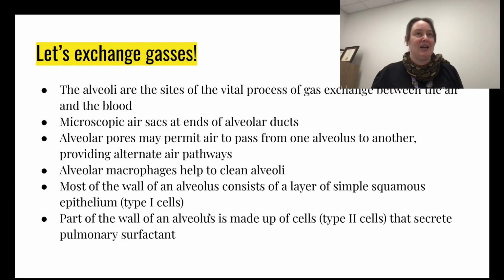Amphibians have that kind of time. We don't. So anyway, part of the wall of the alveolus is made up of type 2 cells that secrete pulmonary surfactant. So again, making those layers stick together so they act as one. And if they're acting like one, therefore less area for it to diffuse over.